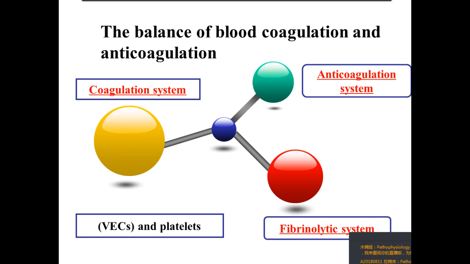Now, the intrinsic coagulation pathway starts with coagulation factor 12. Cardiac export can stimulate coagulation factor 12. Activated factor 12 can stimulate factor 11. Activated factor 11 stimulates coagulation factor 9.